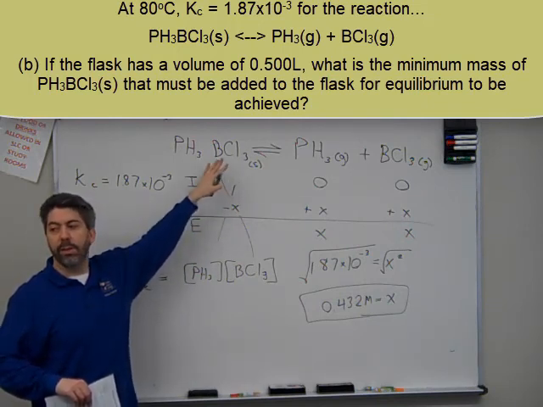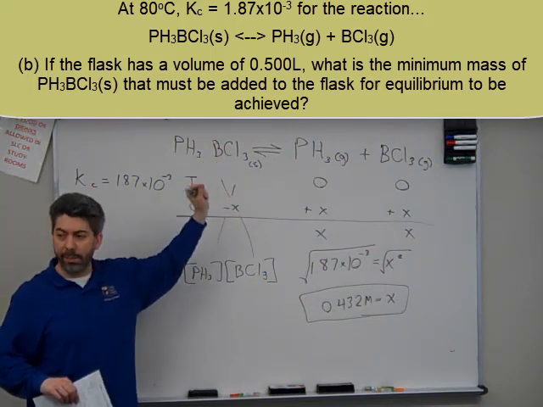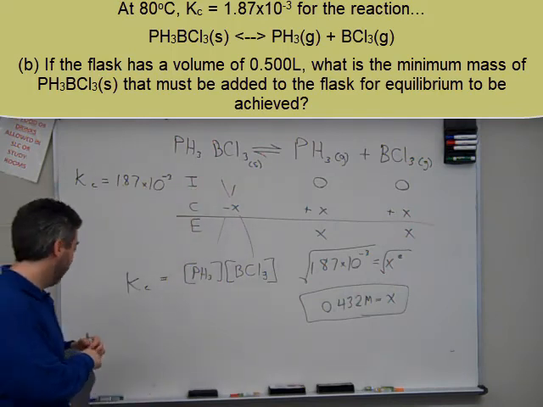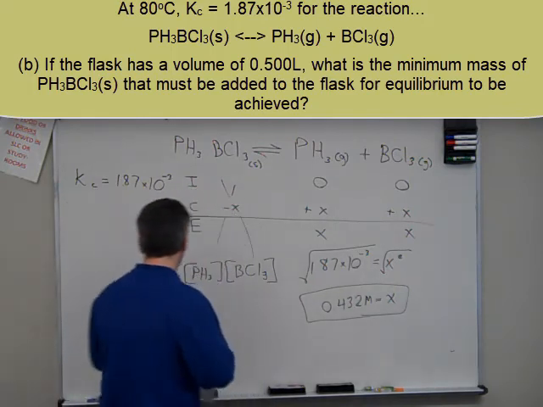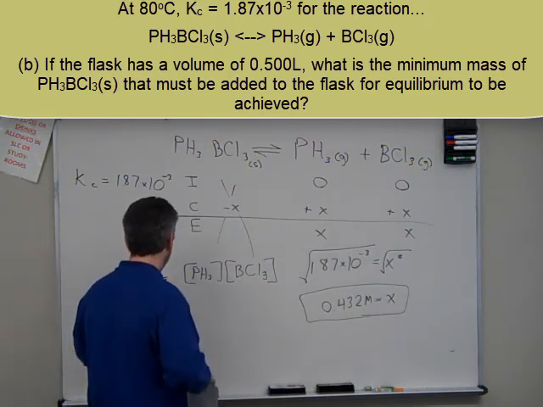Even though this is a solid, it's not going to be a concentration per se, but we know we need that many moles. We can figure it out based on what the volume is. It gives us the volume as 0.500 liters.